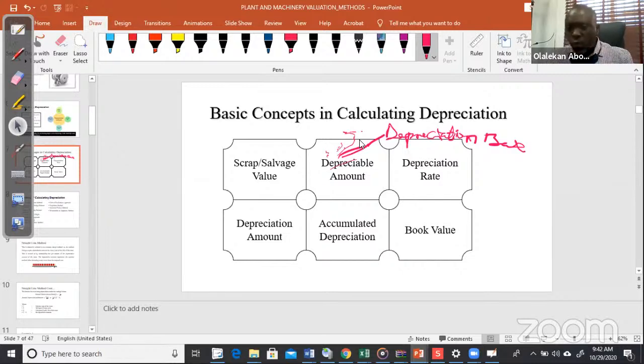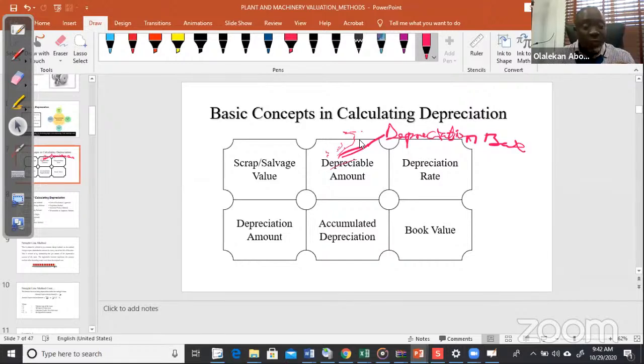Like a good example, an asset, a plant worth 100 million. It has 30 years life expectancy. At the end of that 30 years life expectancy, the scrap value is said to be, let's say, 8 million. Then what is depreciable amount there?